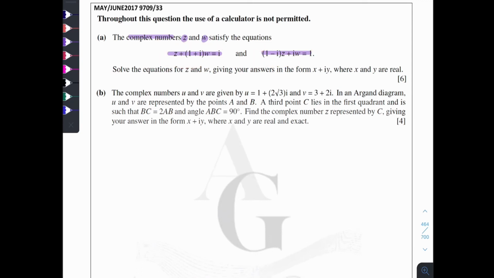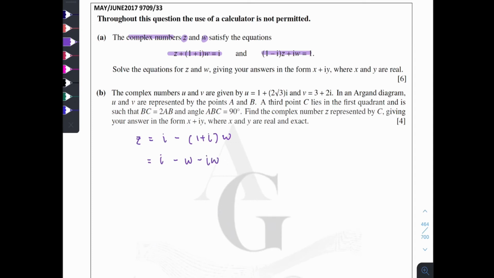To solve this kind of question, where you need to solve these 2 equations simultaneously to get z and w, the first step is to rearrange the first equation. For this question, I'll rearrange z in terms of w. So it becomes i minus (1 plus i) times w, and we can expand this to get i minus w minus iw.